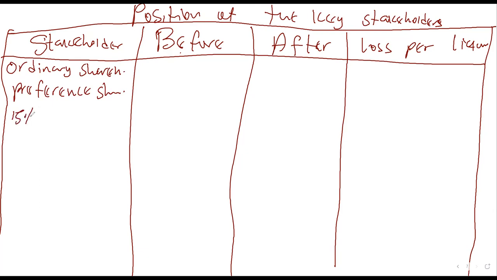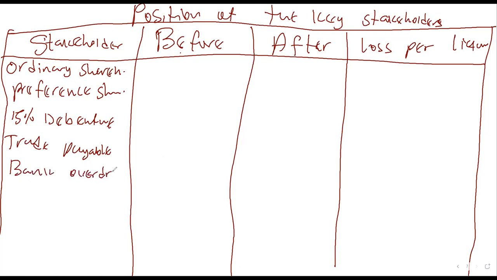Debenture, 50% debenture, and trade payable, bank overdrafts, next, accrued expenses.